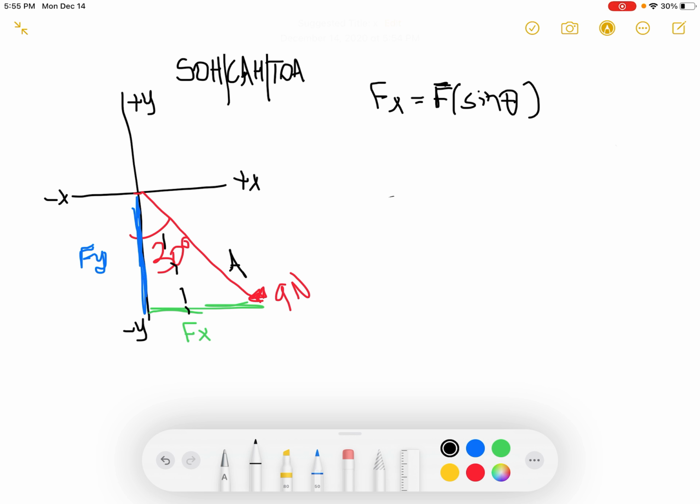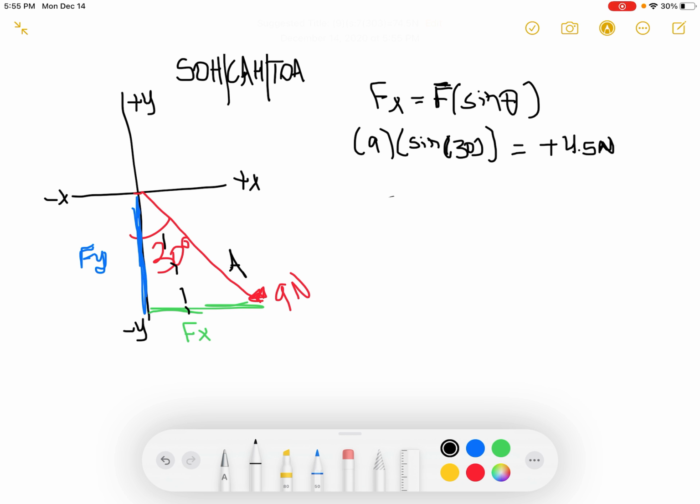Okay, well, the force is 9 newtons times the sine of 30, because that's our angle. And that's all we have to solve for. And that is approximately 4.5 newtons.